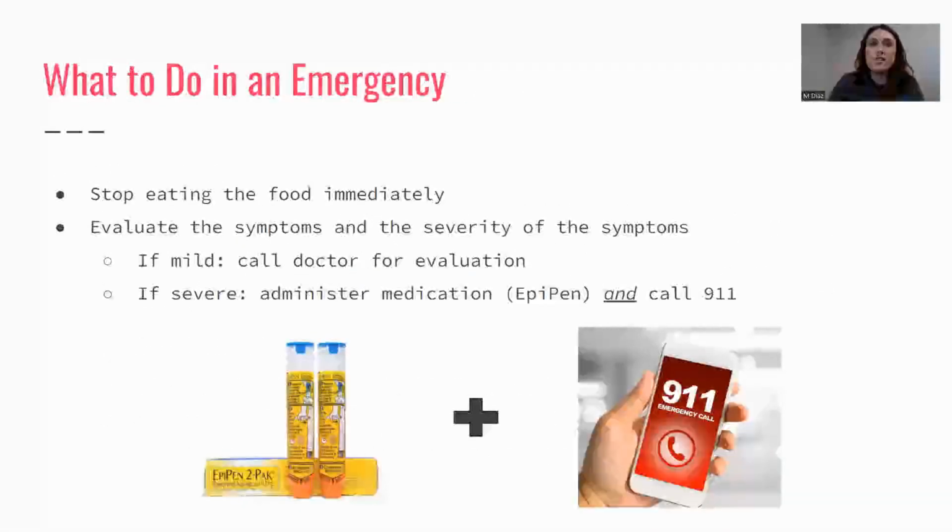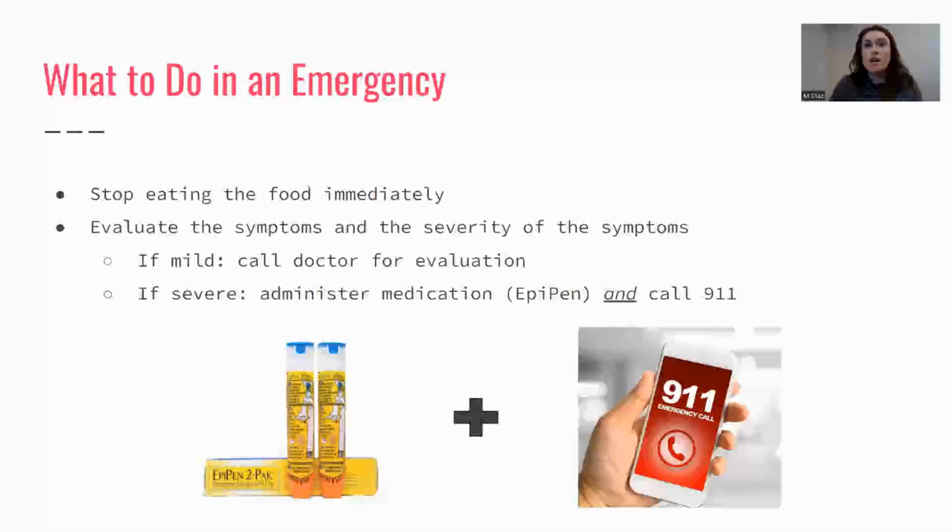Again, what to do in an emergency, I just want to cover this again. Especially with food allergies, you want to stop eating that food immediately. And then yourself or whoever is around you evaluate the symptoms and their severity. If it's mild, you call a doctor for evaluation.